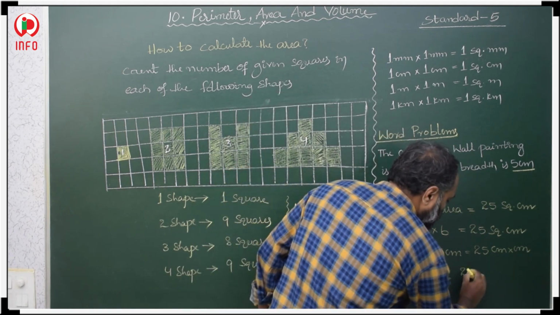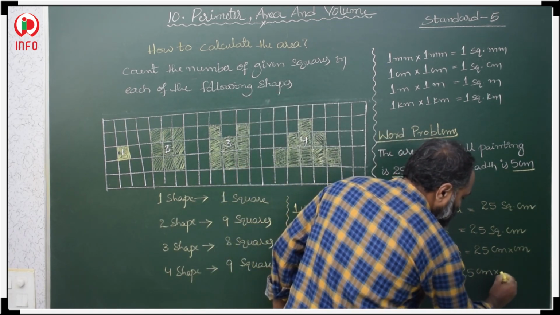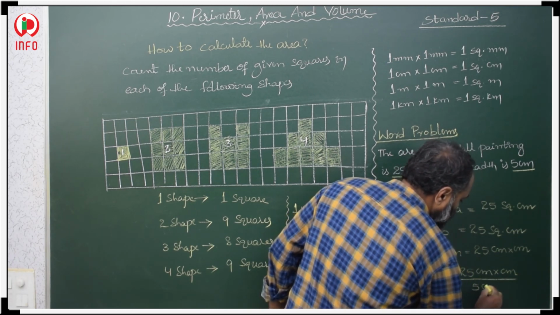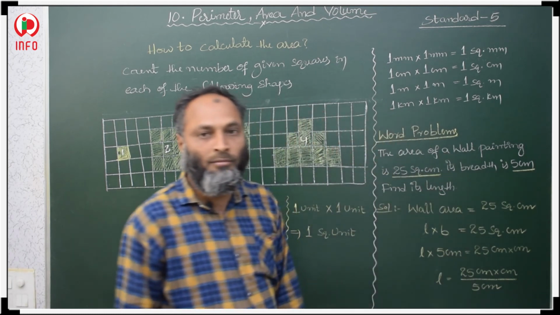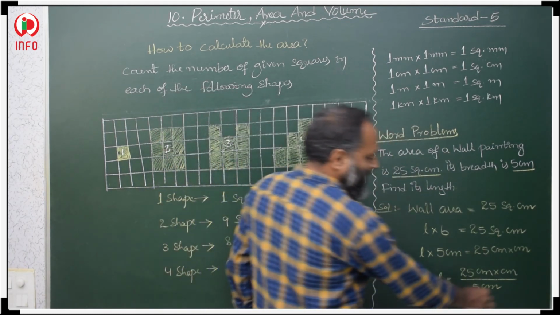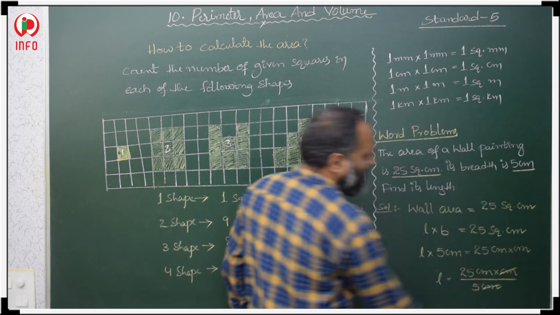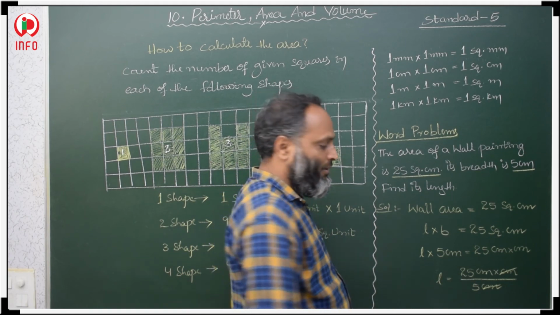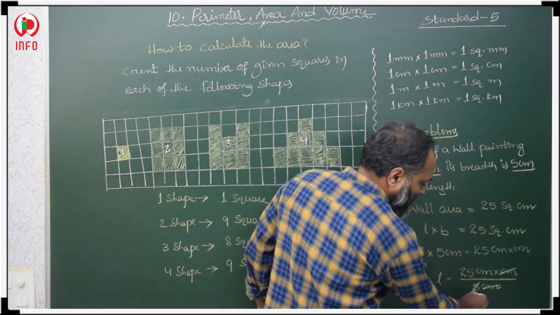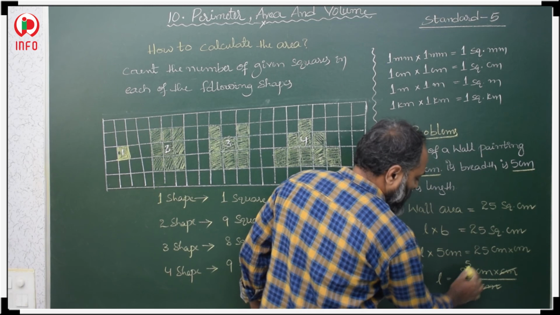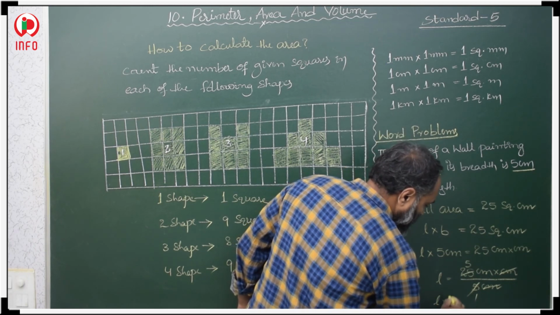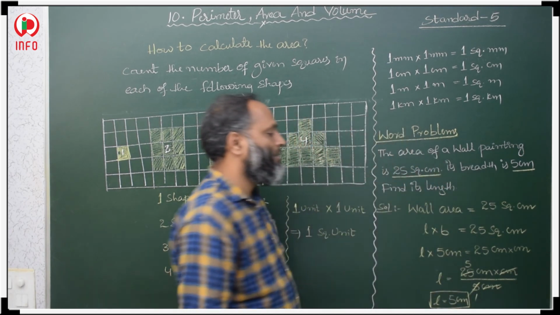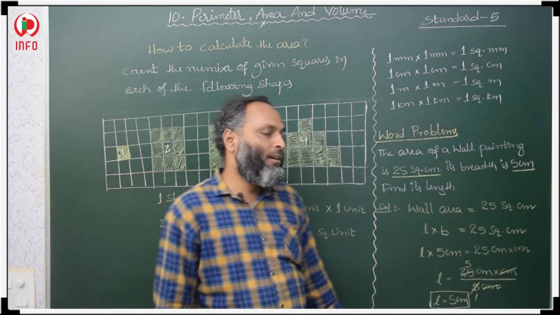So 25 centimeter into centimeter by 5 centimeter, then 1 centimeter cancels from both. 5 divides 25. In the 5 table, when do you get 25? 5 5s are 25. Then L is 5 centimeters. So this is the method to find length.